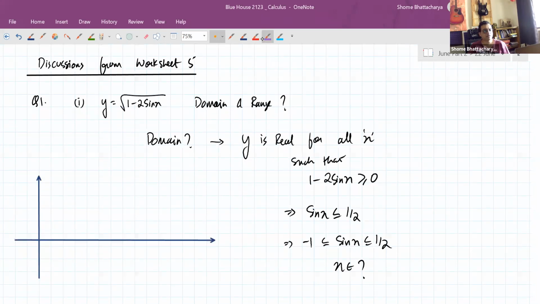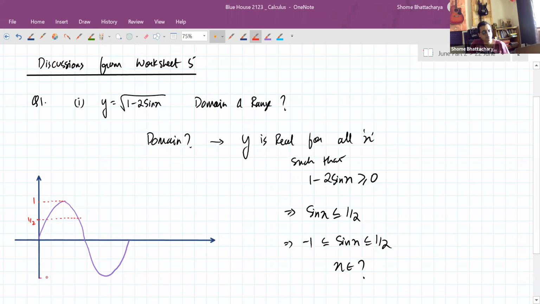So in one cycle, sine x goes from 0 to 1, then comes back from 1 to 0, and goes to -1, and comes back like this. So in this, we have to figure out this part where it goes beyond half. So we want to remove that part from the domain.